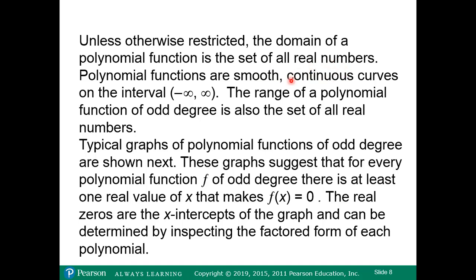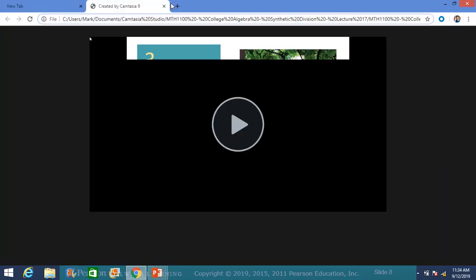Continuous means that you can trace the graph without lifting your pencil or pen off the paper. Okay, and on the interval from -infinity to infinity, the range of a polynomial function of odd degree is also the set of all real numbers. Okay, but that's only for the odd degree.